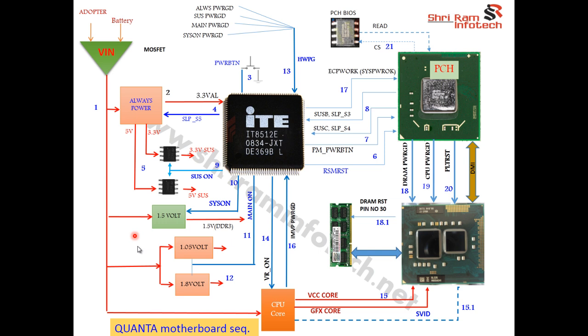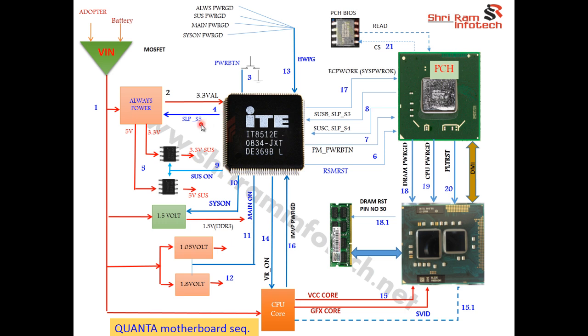When the 18 volt is received by the different sections, only the always voltage section will respond, and it will generate a 3 volt, called the linear voltage. The 3 volt linear voltage comes out, and this 3 volt linear voltage goes to the SIO.